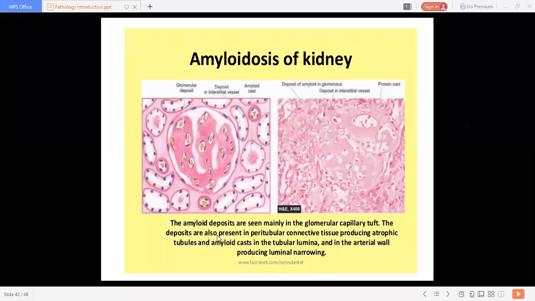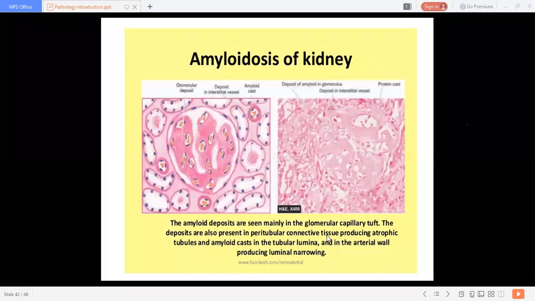The deposits are also present in the peritubular connective tissues, producing atrophic tubules and amyloid casts in the tubular lumina, and in the arterial wall, producing luminal narrowing. Luminal narrowing develops due to this deposition of amyloid in the arterial wall.